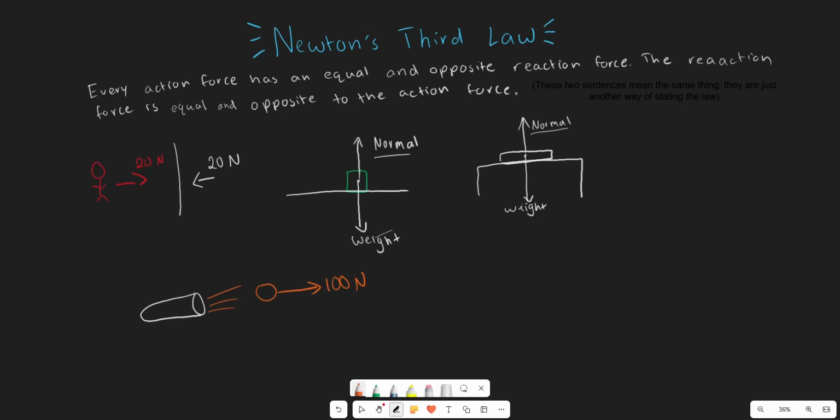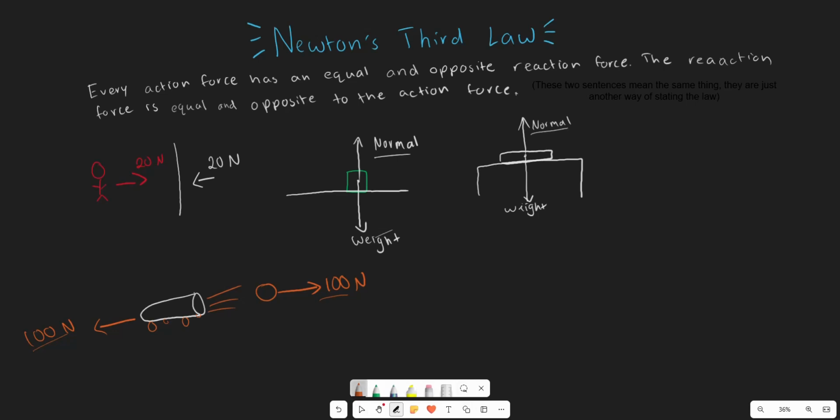That means the cannon would have to go back 100 newtons. That's why the cannon has wheels. Because whenever a cannon fires a large object, there's always some recoil. The cannon thuds back a little bit. So that's an example of Newton's third law, the equal and opposite reaction force.